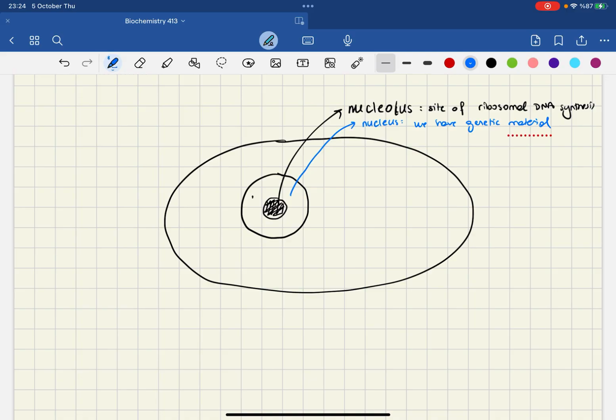Remember, we have the nucleolus inside, where we have the site of ribosomal DNA synthesis, and just outside we have the nucleus, where we have genetic material. All right. And this membrane is given a special name. It is called the nuclear envelope.